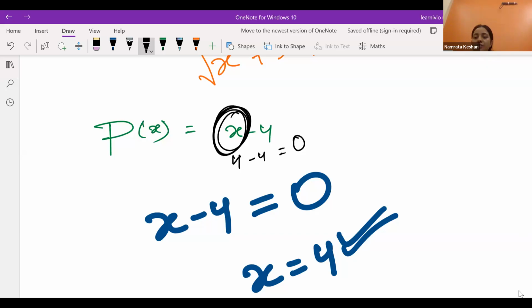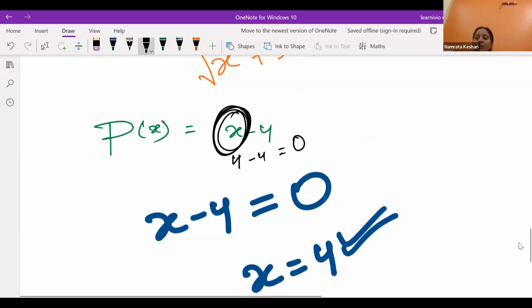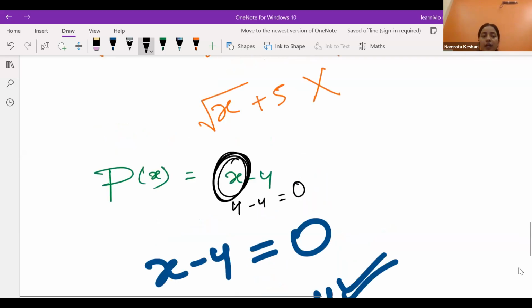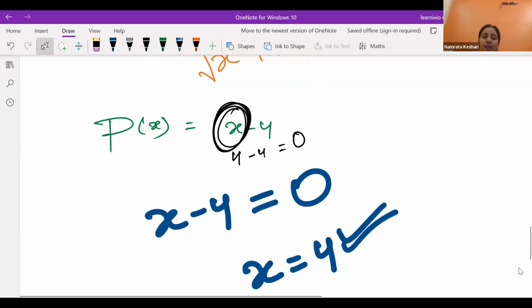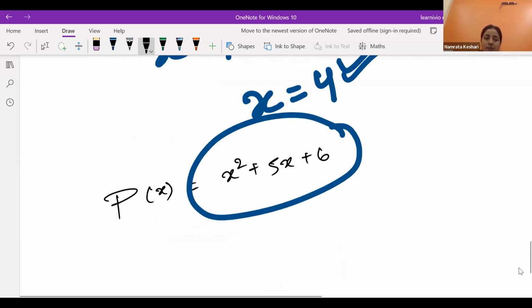Now I have started from here. Here we are having a quadratic polynomial and we are trying to find the zero of the quadratic polynomial. I have taken the quadratic polynomial p(x) as x square plus 5x plus 6. For finding the zero, the method says take the polynomial as it is, write it equal to 0 and try finding the x value, just by splitting the middle term.